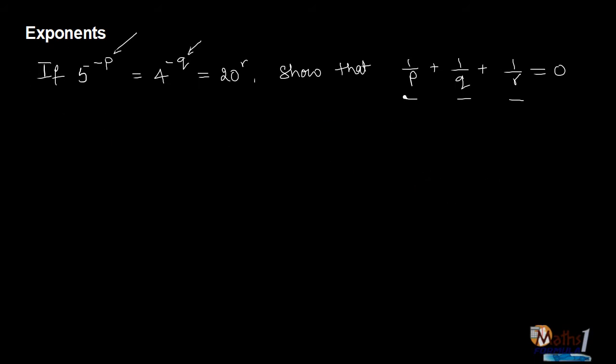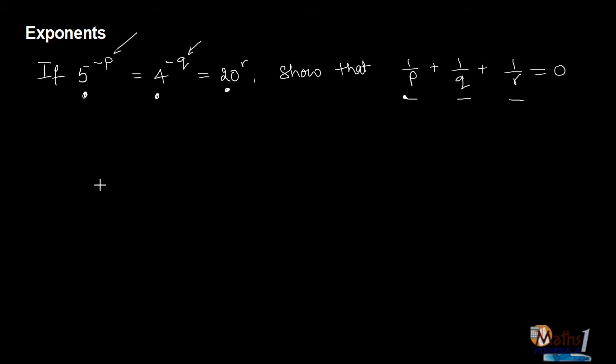Keeping that in mind, if I want to multiply and add the powers, my base is supposed to be the same. According to this, the base is not the same. As far as I can see, 20 can be obtained by multiplying these two. So I can multiply 5 and 4, but then I will have to equate that to some other variable.